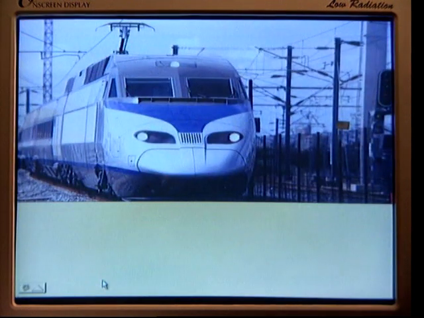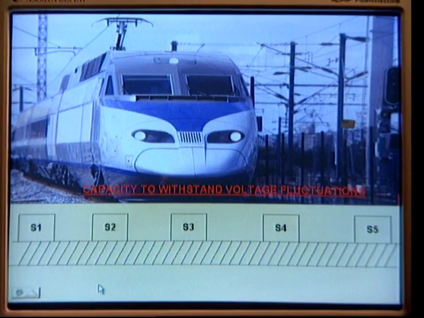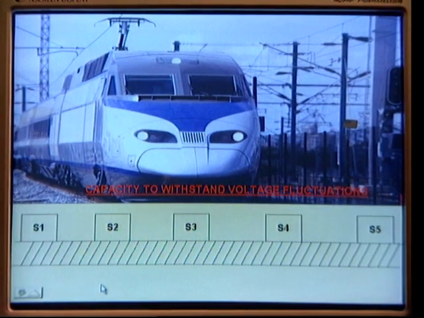Coming to the next characteristic, capacity to withstand voltage fluctuations. You can see here S1, S2, S3, S4 and S5 are some railway stations. At every station we require start and stop, and we know that the starting torque required is more at start and it draws more starting current.